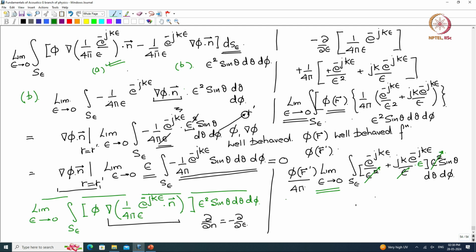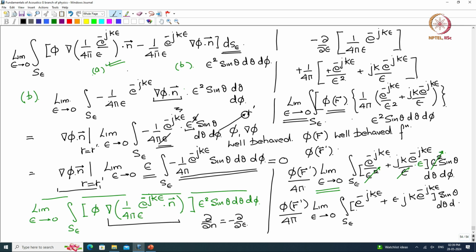So I have phi of r dash by 4 pi, limit epsilon tending to 0, integral S epsilon, e to the power of minus j k epsilon plus epsilon j k e to the power of minus j k epsilon, sine theta d theta d phi.